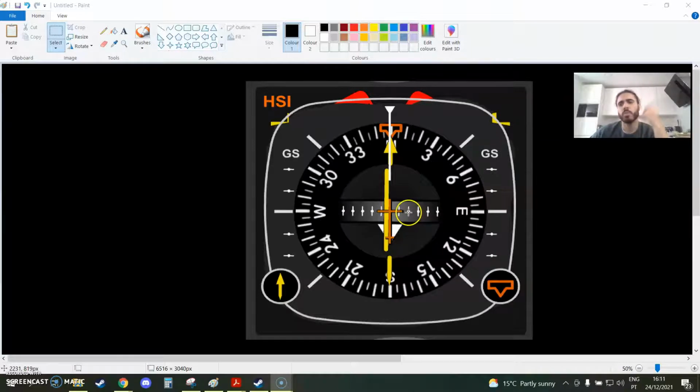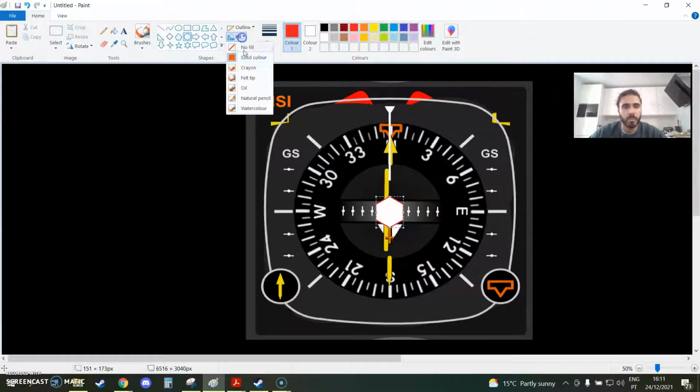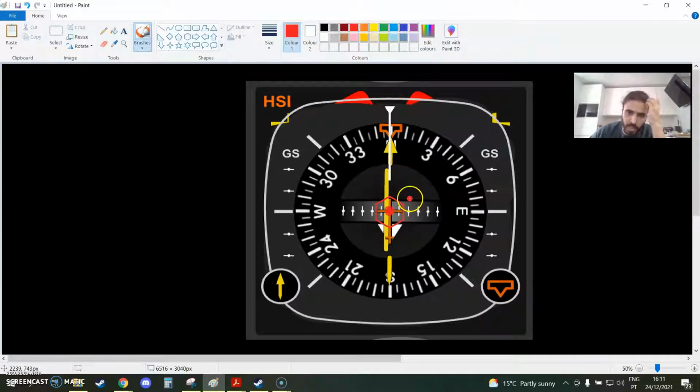Speaking about the HSI and how to interpret it, the first thing that we're going to do is to imagine that the VOR is in the center. We have a VOR here, and we are currently selecting with our course selector this line of position.